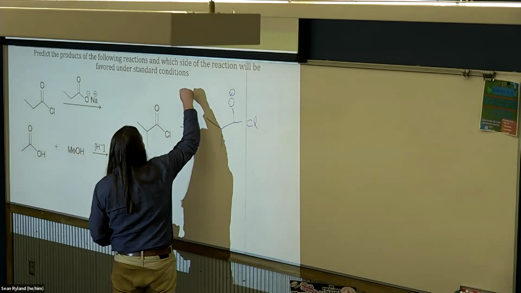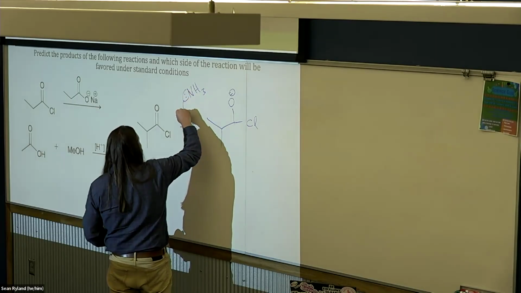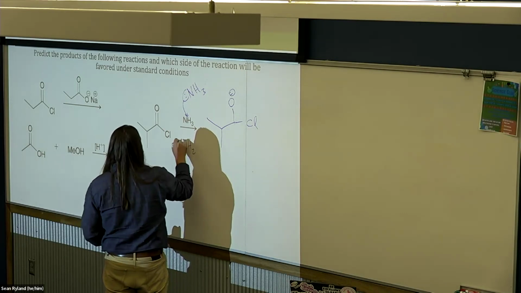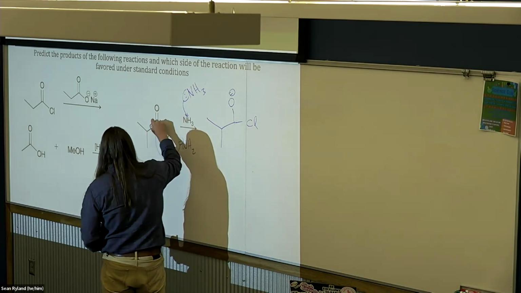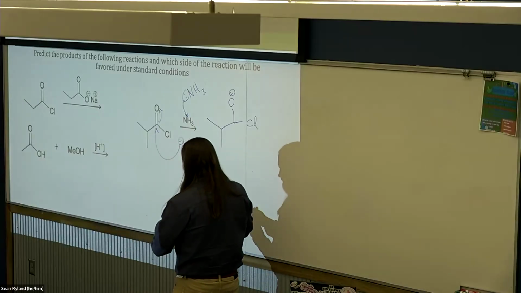So we need something around, probably another ammonia, to grab one of those hydrogens to make NH2 minus, which then can come in and attack.